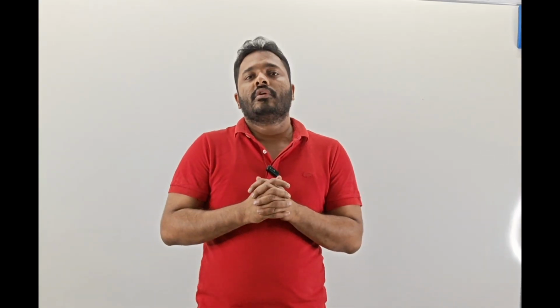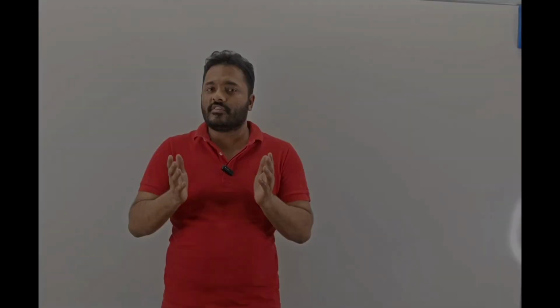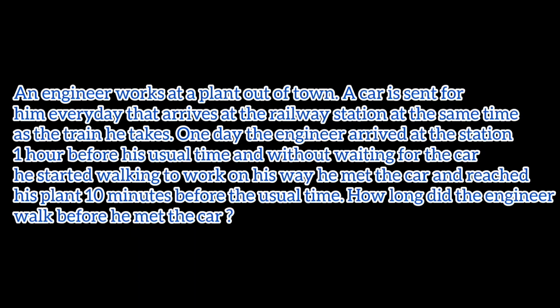And the problem reads: an engineer works at a plant out of town. A car is sent for him from the plant every day that arrives at the railway station at the same time as the train he takes.